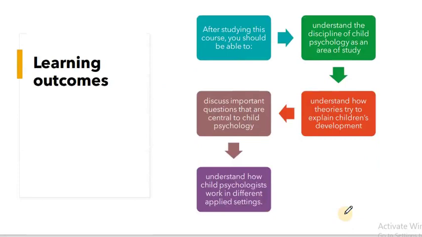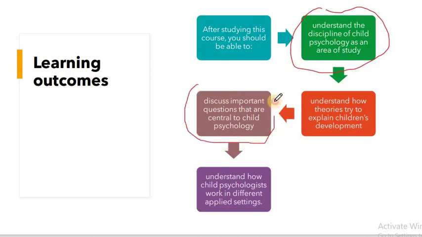Then our learning outcomes. At the end of this module, you should be able to understand the discipline of child psychology as an area of study. You should be able to discuss the important questions that are central to child psychology. Are we together?